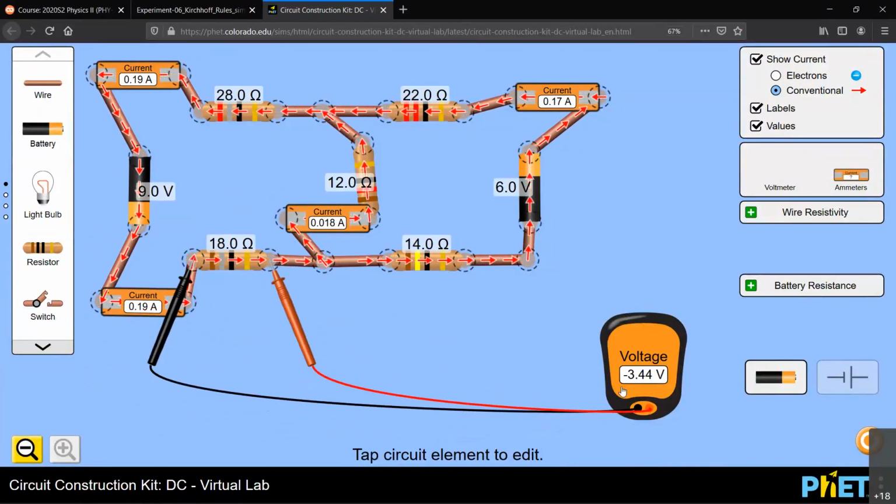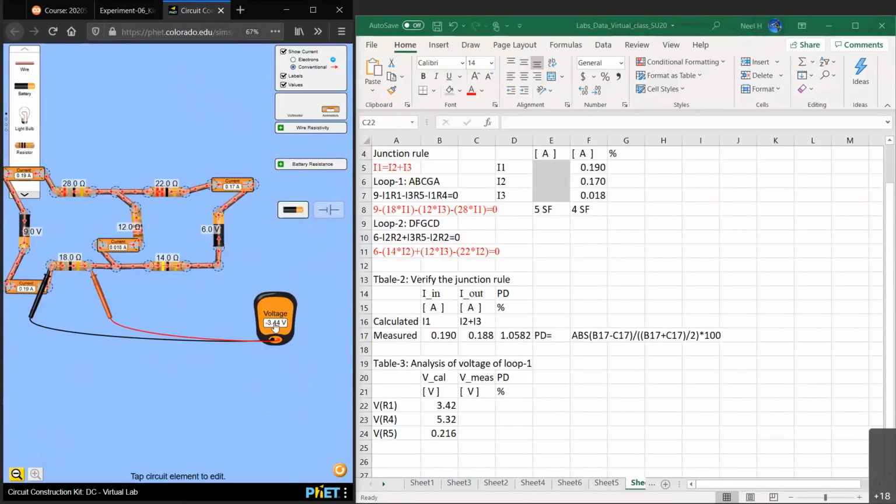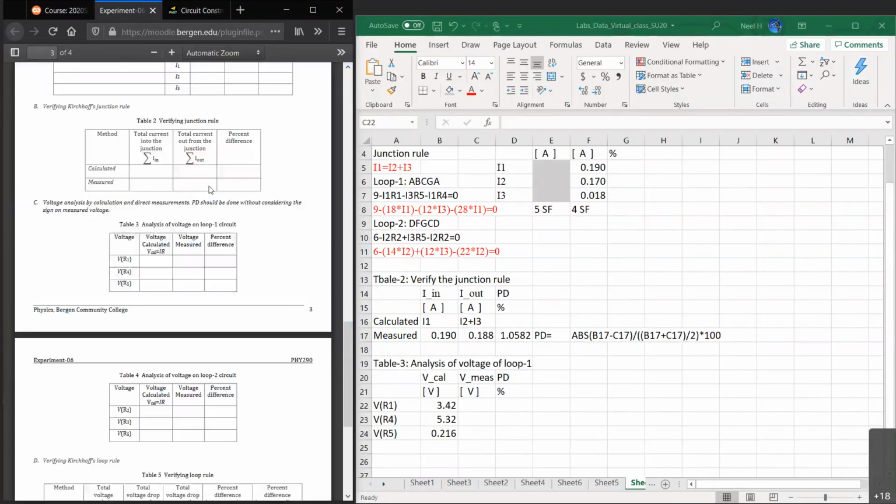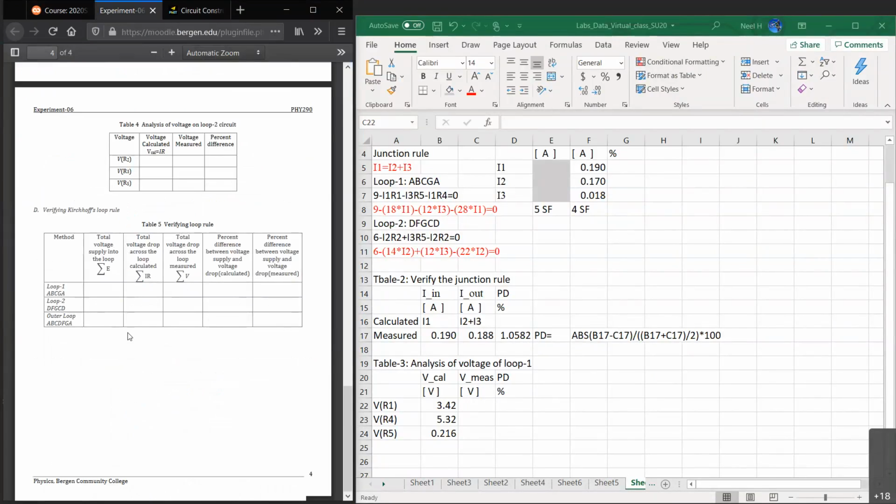Then you will get this negative sign. Okay, that's fine. You leave it like that, because that negative sign is important for the next step. Put that number with the negative sign, because it's important for our next step. Next step means later in this table we're going to check the loop rule.